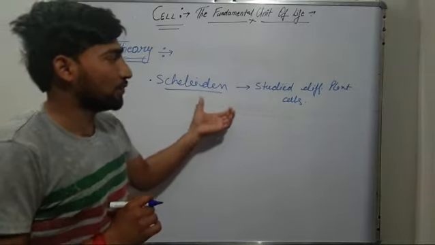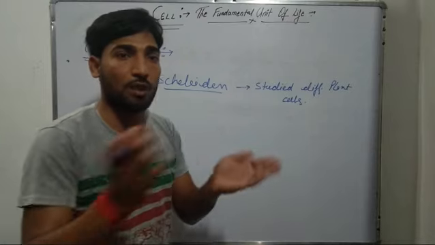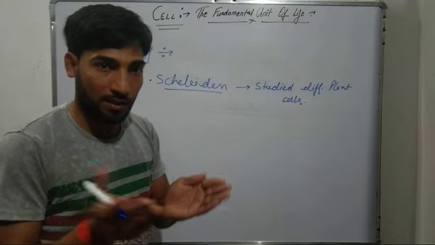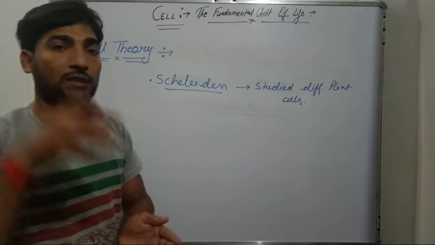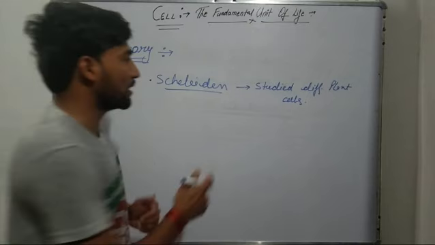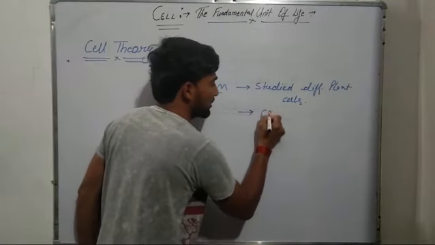He found that all the plant cells are alike or similar, bounded by a cell membrane and containing a nucleus, and the plant cell is also bounded by another layer known as the cell wall.